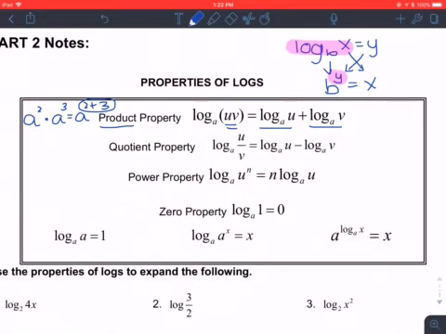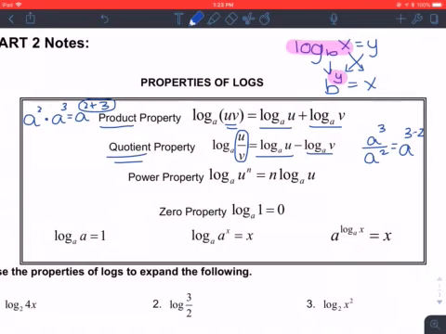Okay, so same thing with quotient. Quotient is division, so if I'm dividing in my argument, I can rewrite this as two separate logs being subtracted. Just like when we subtract exponents, when we divide with exponents with the same base, we subtract the exponents, so a to the 3 minus 2.